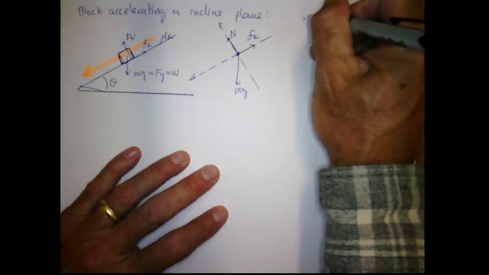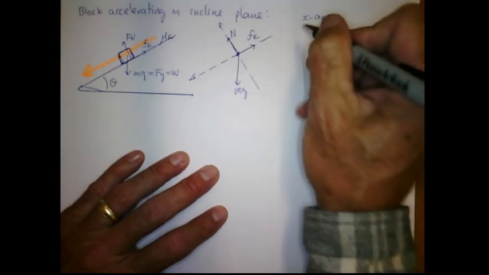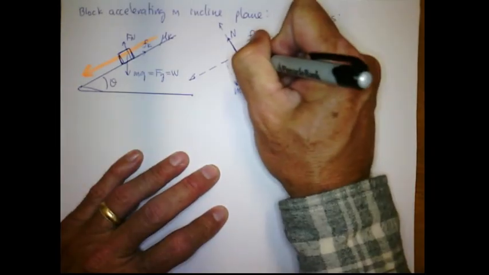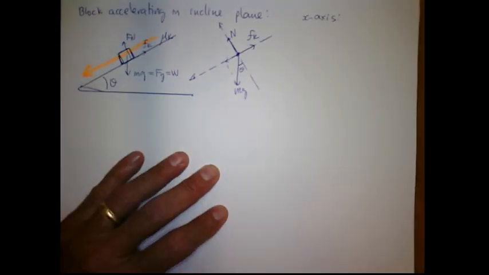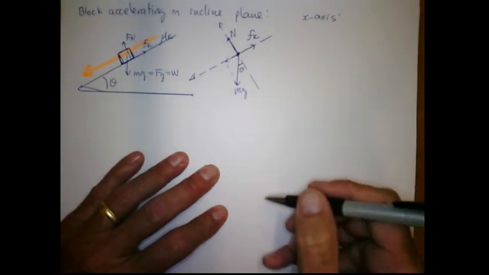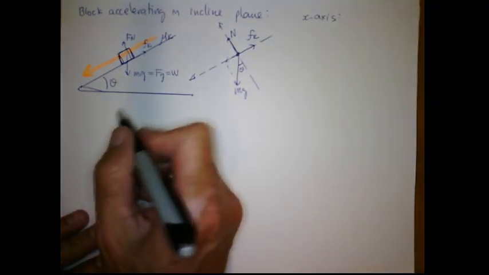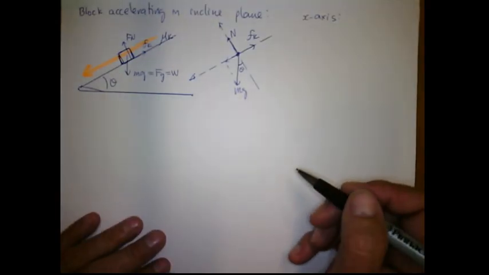So in the x-axis, you have this component. This is the angle of the ramp, because they are mutually perpendicular.